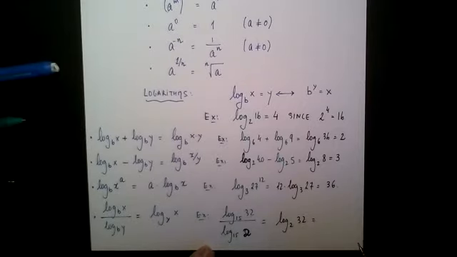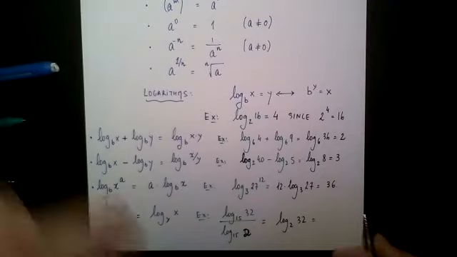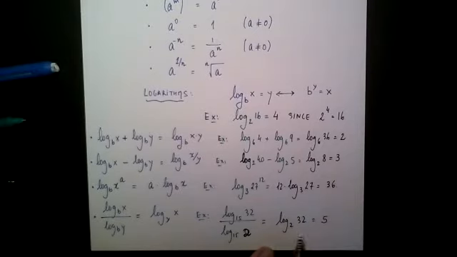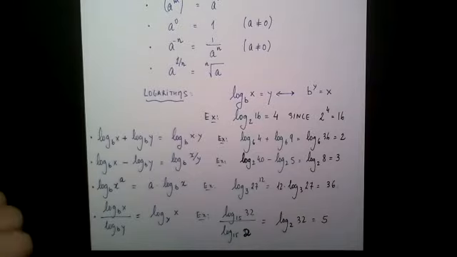And that's equal to what? Five. Perfect. 5, because 2 power 5 is equal to 32. Any questions? Okay, let's continue.